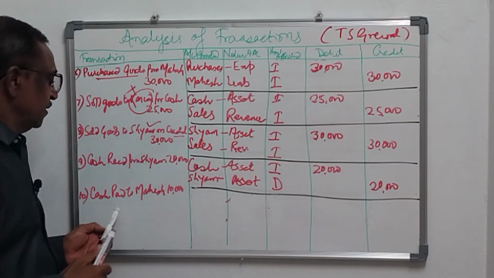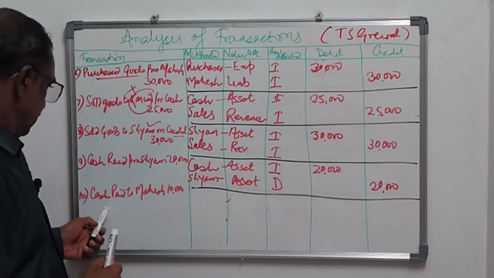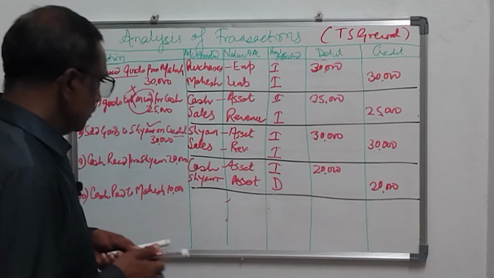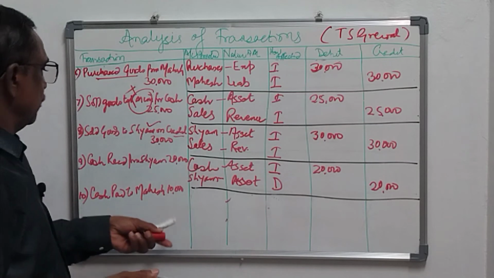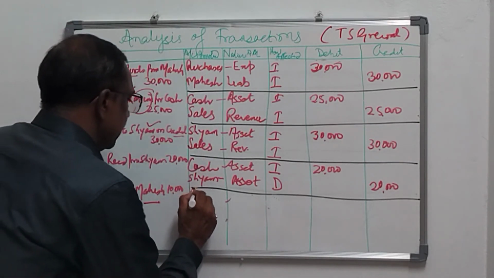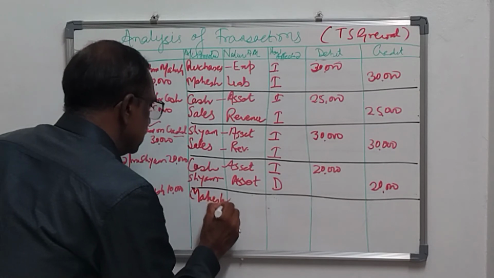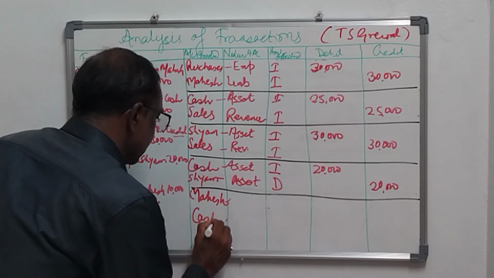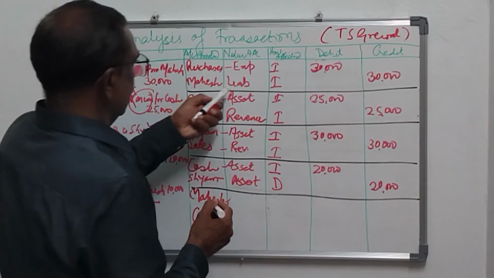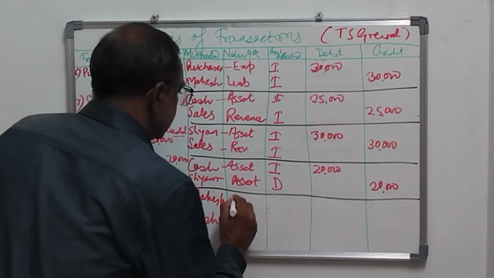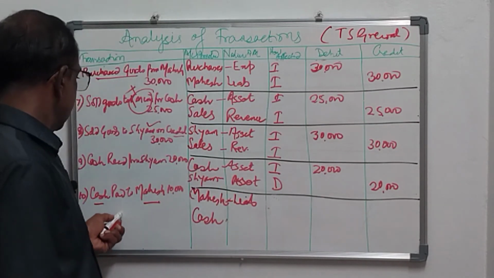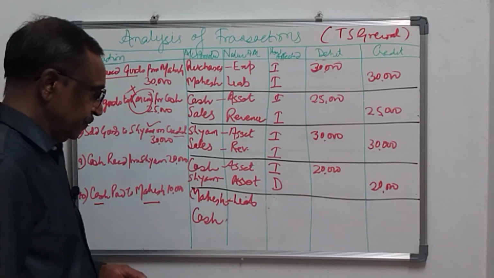We move on to last transaction of this illustration. Cash paid to Mahesh 10,000. Two accounts involved are cash and Mahesh. So Mahesh is involved, cash is involved. So Mahesh was your liability since cash is being paid to him.